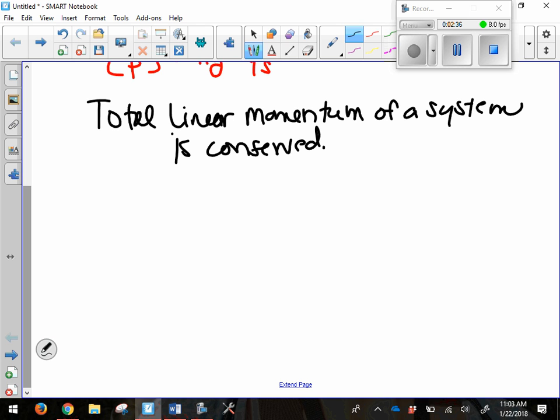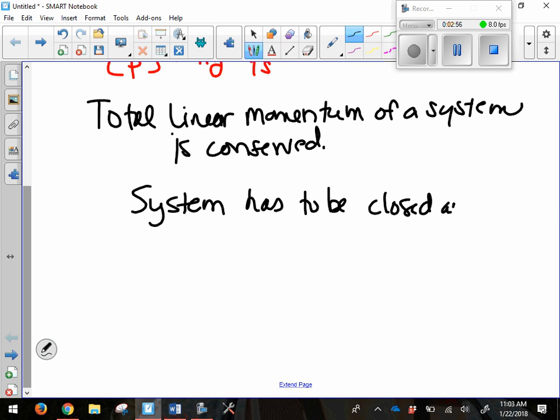I will make my caveat in a moment. And that system has to be closed and isolated. And we'll talk about what each of those terms really means.